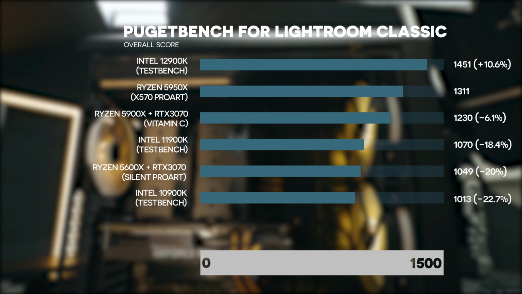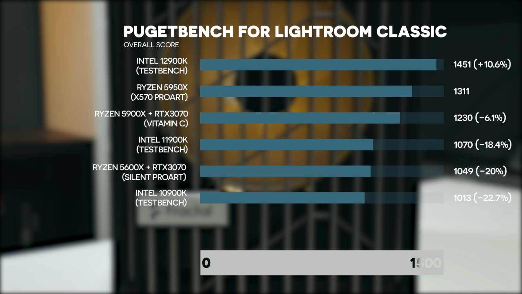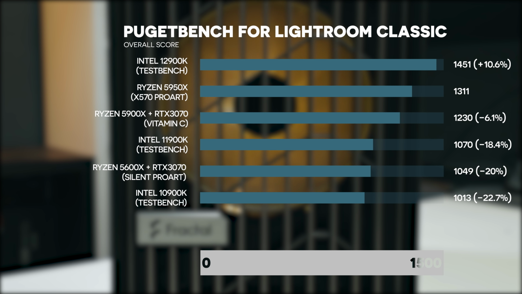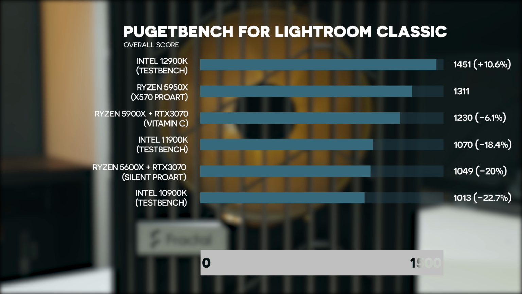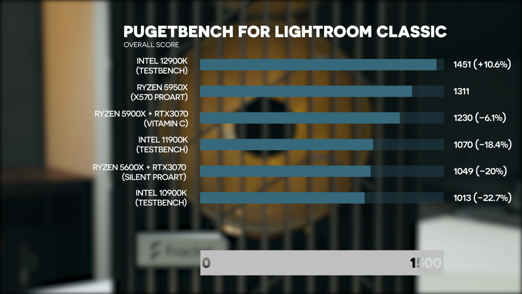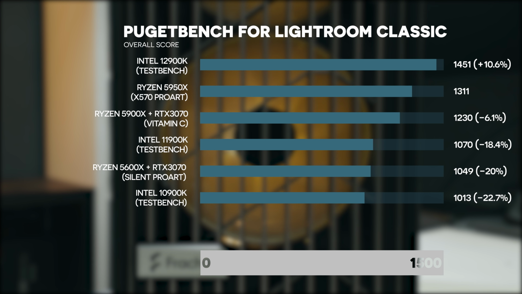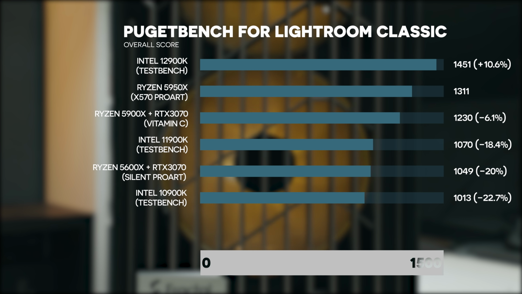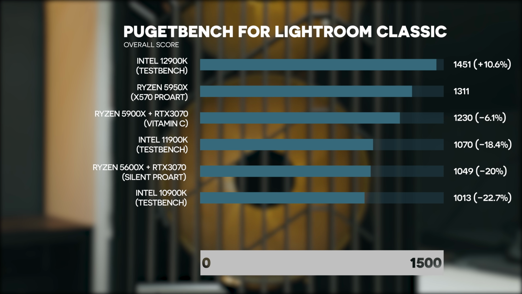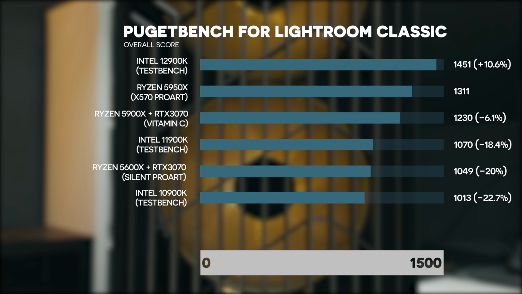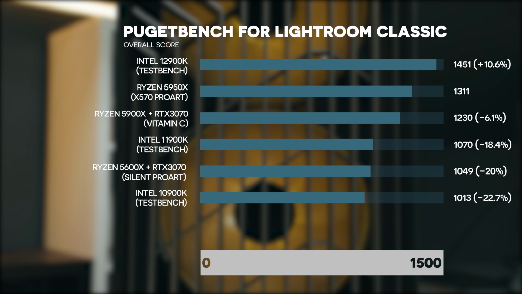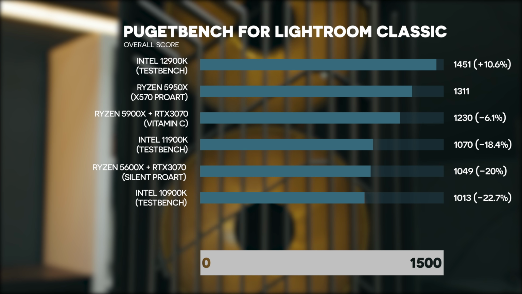Next up, Adobe Lightroom Classic, another photo editing program, and the 12900K from Intel is 10.6% faster than this 5950X. Although the 5900X of this PC is 6.1% slower with an RTX 3070, but again, the graphics card in this program doesn't give you pretty much any performance. 11900K is 18.4% slower than this X570 ProArt build.